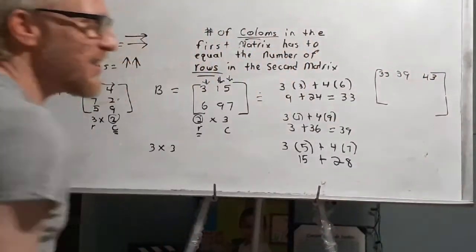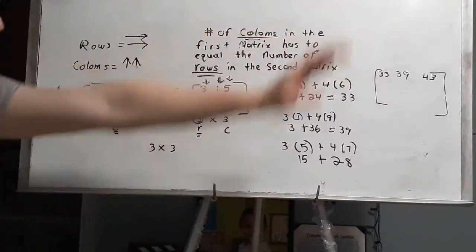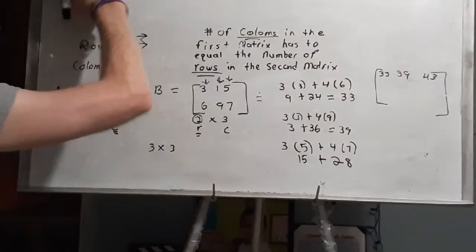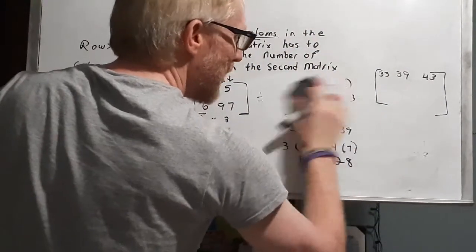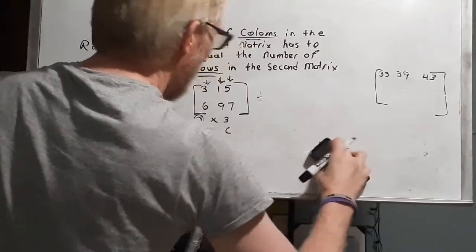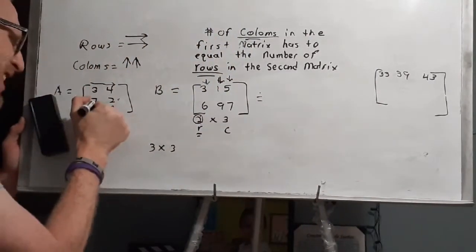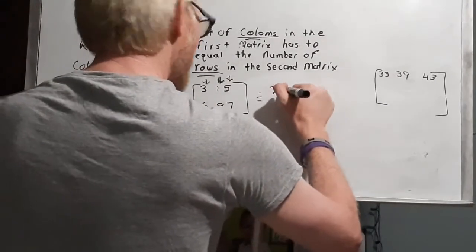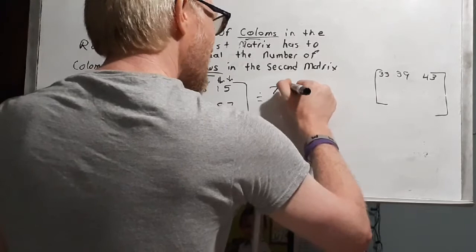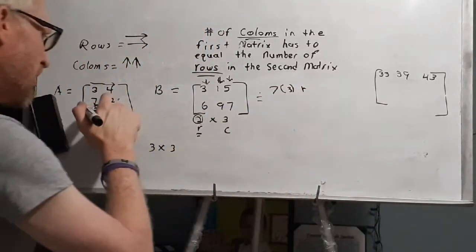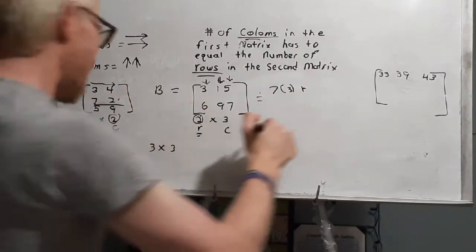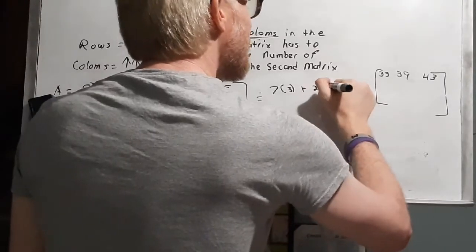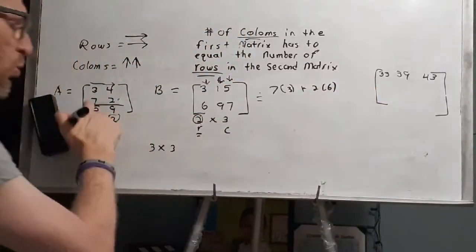So if you notice, I have my first row. Now let's go on. The pattern continues to be the same: rows by columns. So that means I'm going to multiply this row by all 3 columns. I'm going to say 7 times 3 plus 2 times 6. Remember, rows, columns.